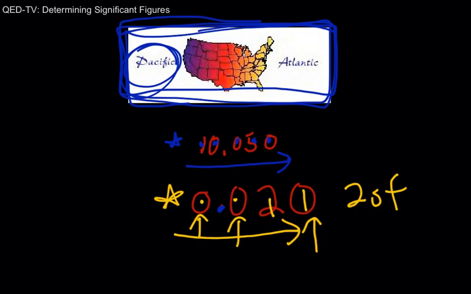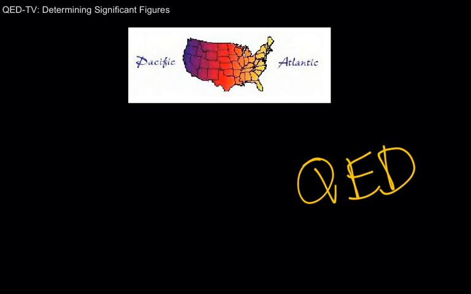So we would write it down. The only reason you'd ever write that 0 down is if you are confident or pretty confident that that's one of the parts of your measurement. So, Pacific Atlantic method, hopefully that will help you be able to figure out how many sig figs a measurement has. So we'll QED that and call that good.